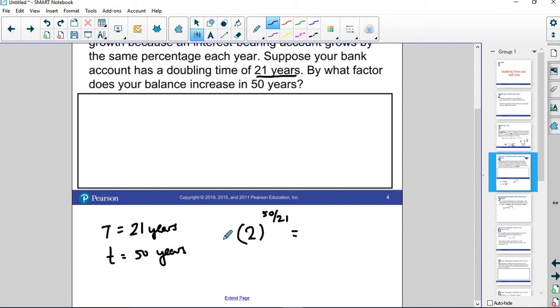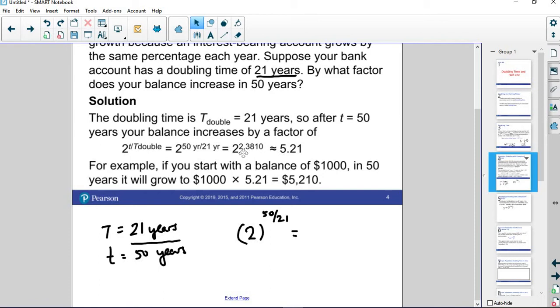That's our ratio, because the doubling time goes on the bottom. Okay, and so if you plug that into your calculator, you'll see that you get 50 divided by 21, which is about 2.38. And so 2 raised to the 2.38 is 5.21.